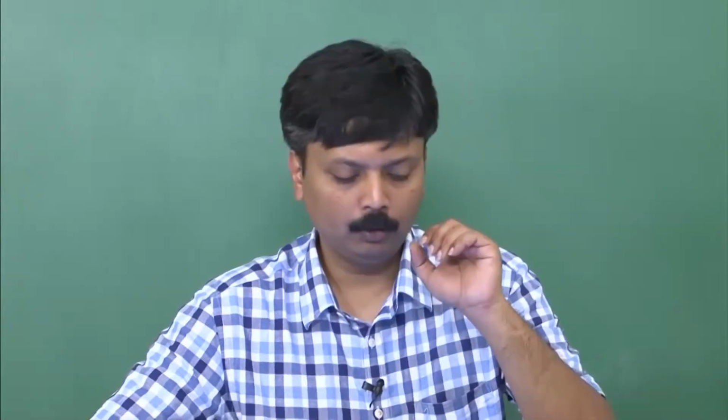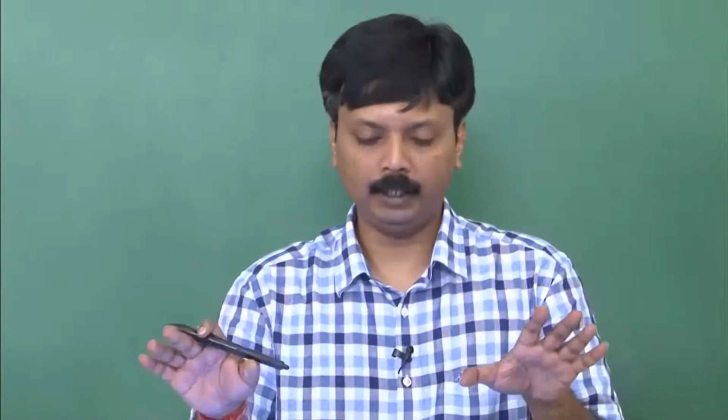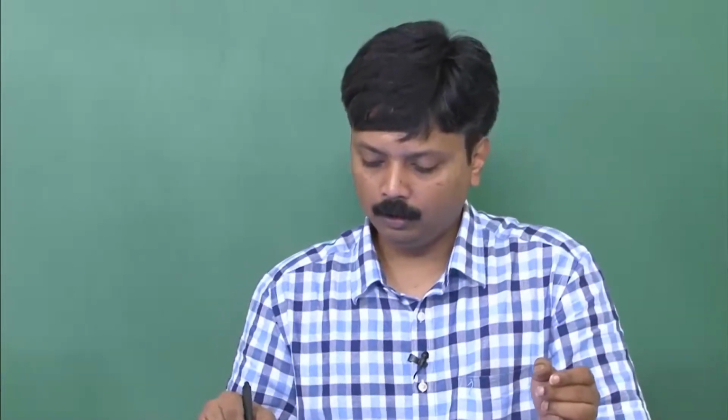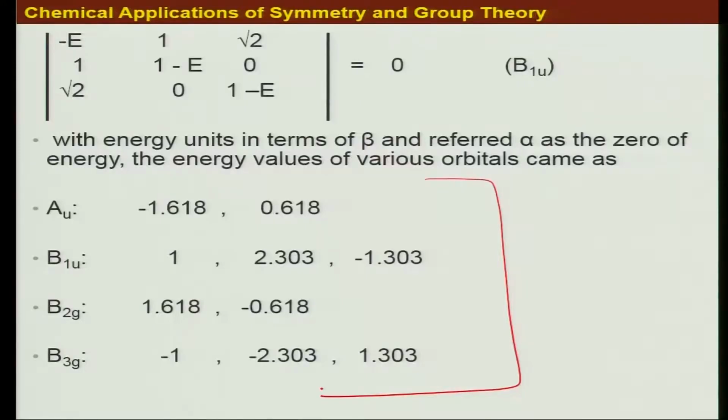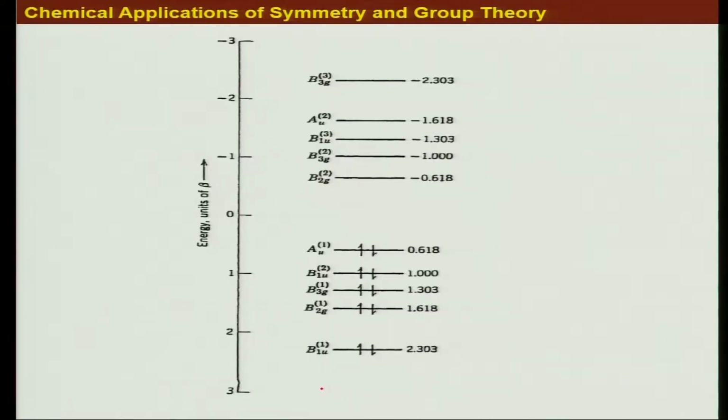Once you solve for all the determinants, you get these energies, and then you have to arrange them on an energy scale. Here we have done that: after finding the energies corresponding to a particular orbital with a particular symmetry, we arrange these energies from lower to higher. Energy 0 is here, in the unit of beta, of course.